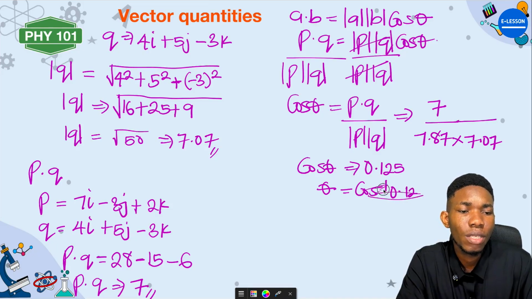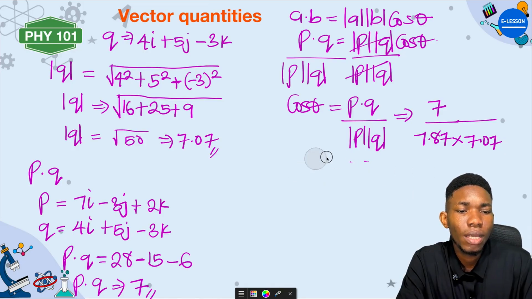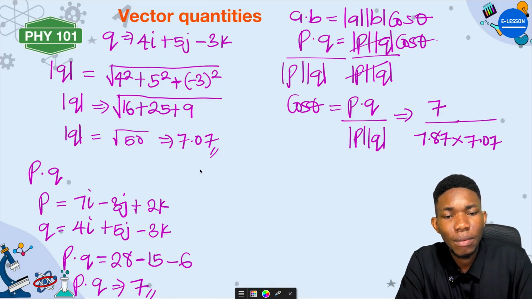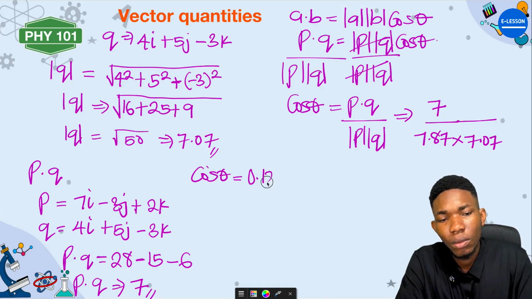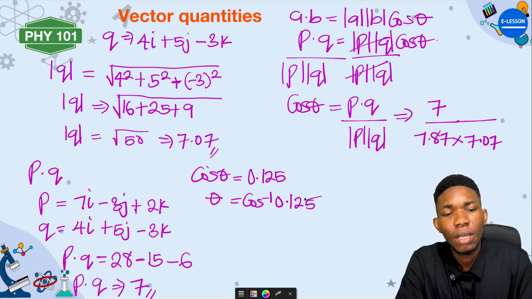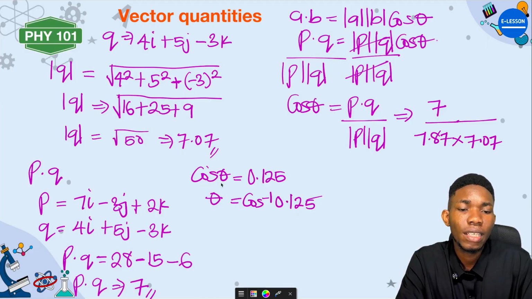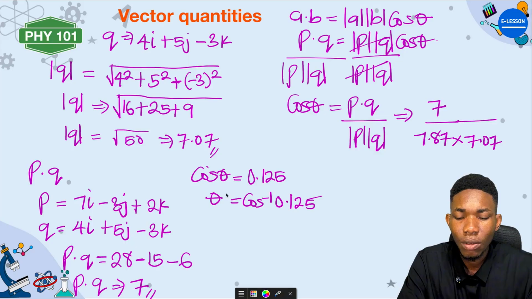This is where many students will have issues. How to get theta from cos theta? Cos theta will be 0.125. So what do you think our theta will be? Cos inverse of 0.125. Whenever you get something like this and they ask you to look for theta, just press cos inverse. How do you press cos inverse in your calculator?